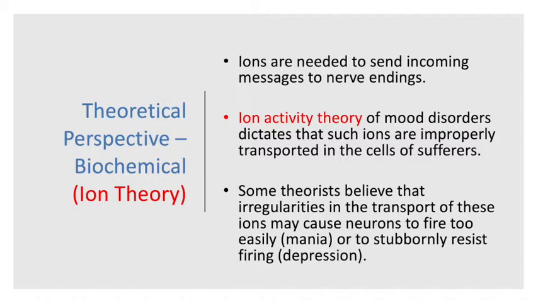And in the ion activity theory of mood disorders, the idea here is the ions are somehow disrupted, so that within the cell of the sufferer, the ion is not doing its job, and that accounts for such things as depressive and manic episodes. There's evidence that there's irregularities in how ions are actually transported throughout the brain, and that depending on the problems with transporting ions throughout the brain, you may develop things such as mania or things like depression.